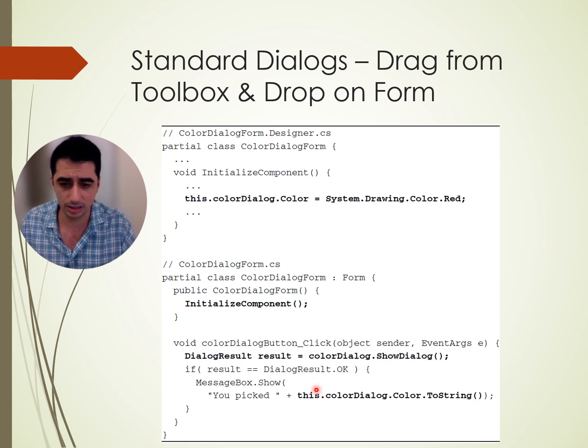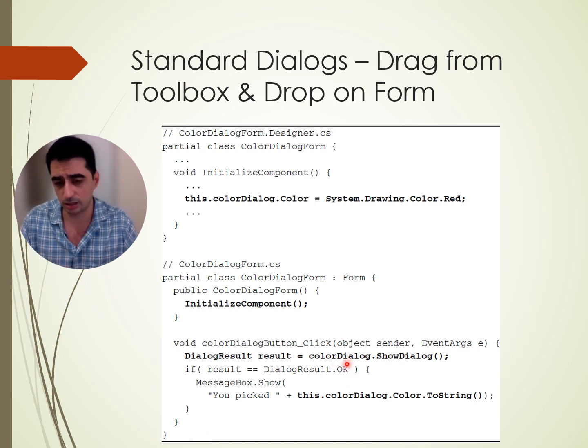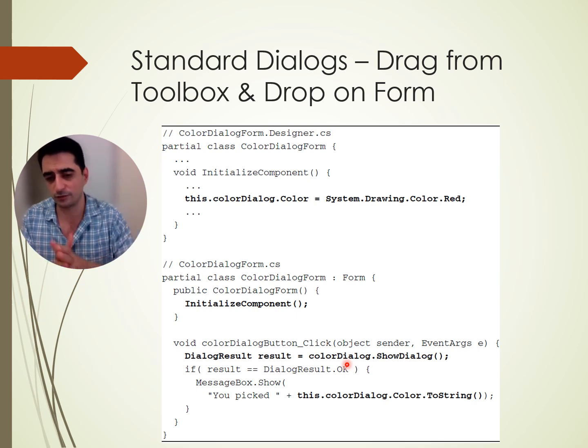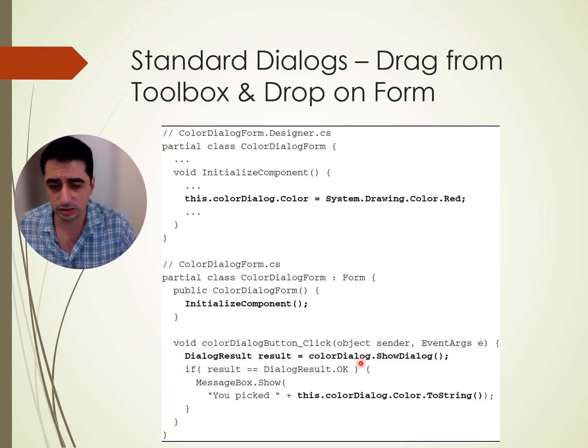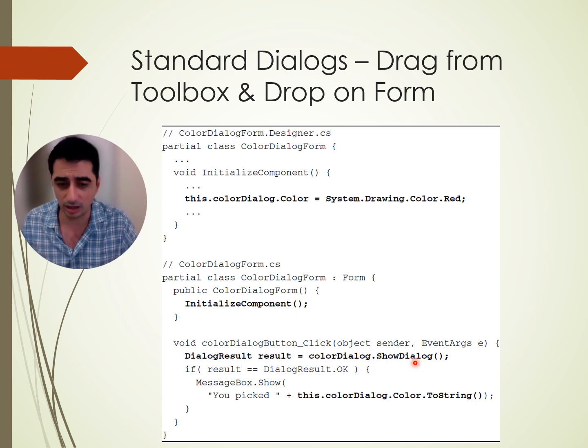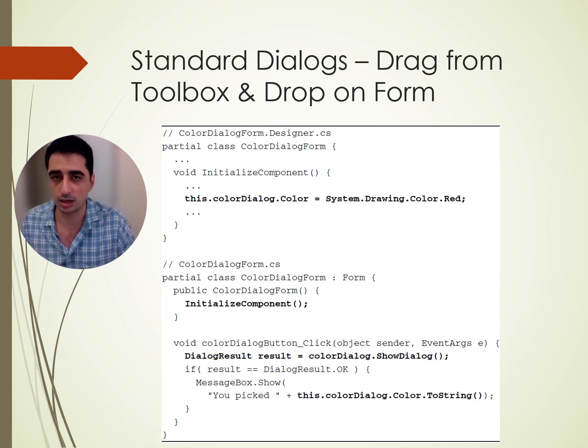So assume that you have created a color dialog by dropping it on your form. All you need to do is to say colorDialog.ShowDialog, and this is going to return a DialogResult value. If it's equal to OK, then you can just do the same thing. Let's say you use MessageBox.Show to show a message box saying that you picked this color.